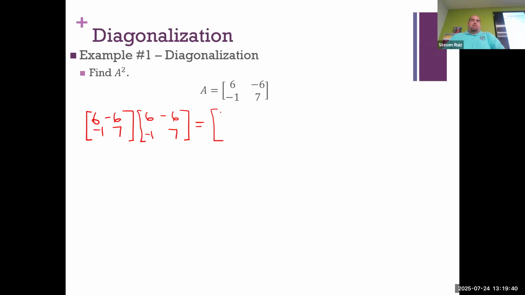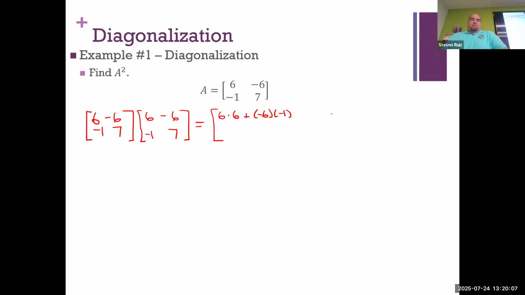Right. So basically you're doing this dot product idea. If I want to get row 1, column 1 of this matrix, I multiply row 1 of this matrix by column 1 of the second matrix. So 6 times 6 plus negative 6 times negative 1. And then we'll basically use the corresponding rows and columns to do the rest of this.